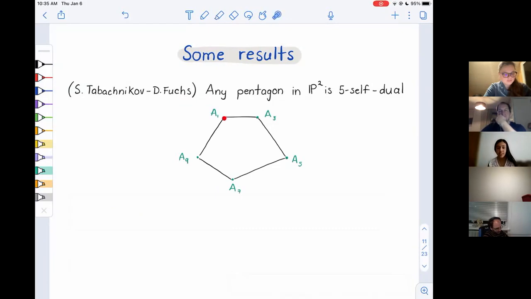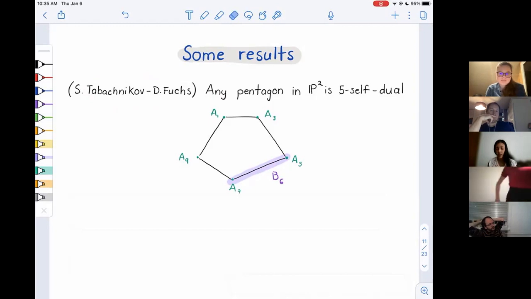So in this case I have A1, and then B1 plus 5, B6, which would be the span of these two vertices. The fact that any pentagon is 5-self-dual tells you that any vertex A_i goes to the dual of the space spanned by the vertices on the opposite side. So this is a result in 2 dimensions.